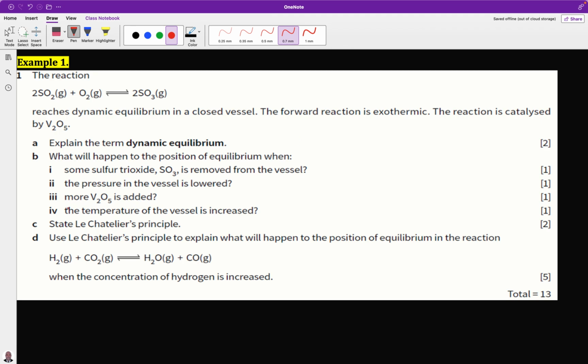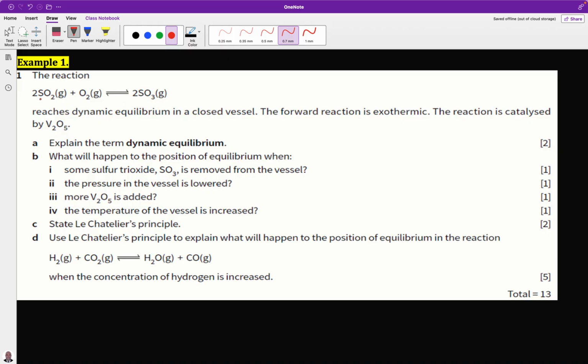And number 4, the temperature of the vessel is increased. This is an exothermic reaction. The exothermic reaction favors the production of more sulfur trioxide. If we are increasing the temperature, we are favoring the endothermic direction.